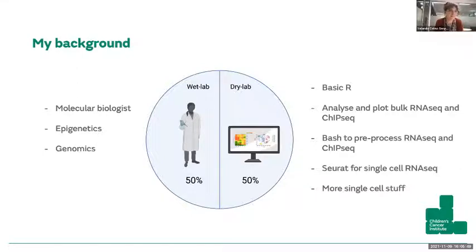Now I've dived into a lot of the single-cell stuff, and my skill set has improved; I've now been doing even more things. But yeah, you have to start somewhere, and I would say probably some basic R is always good. And if you just want to do single cell, then basic R and Seurat is the way to go.